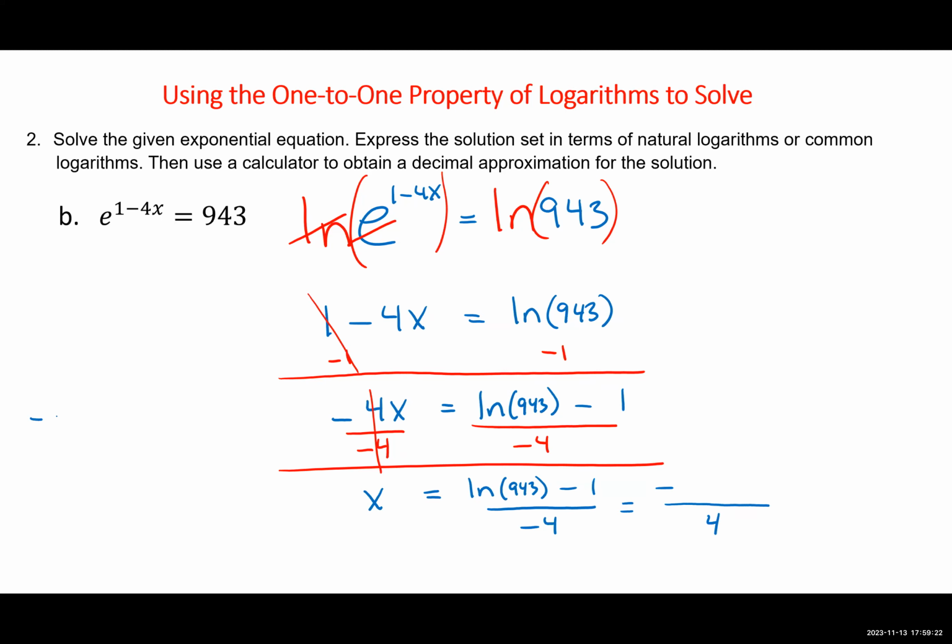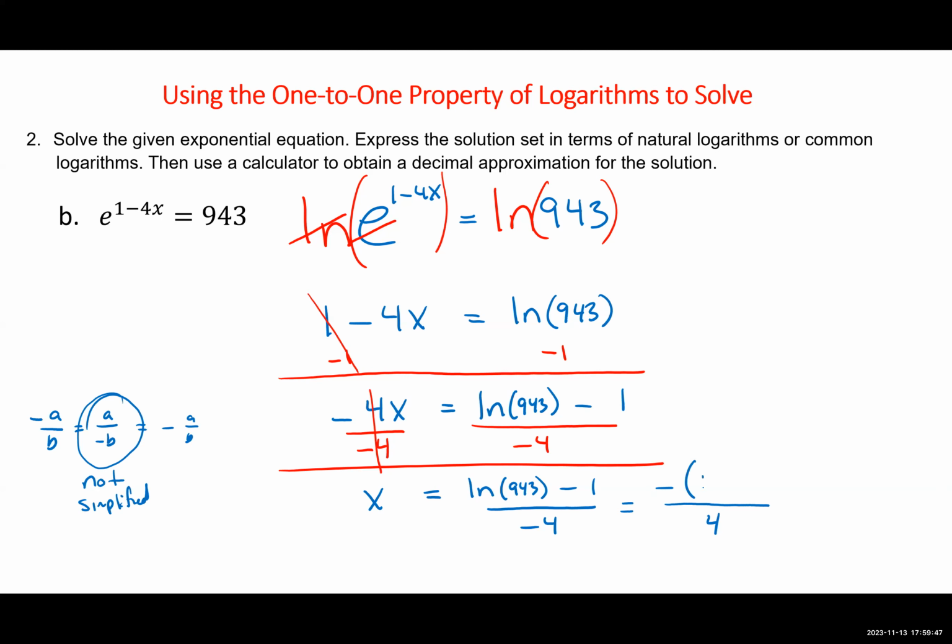You could say negative a over b is the same as a over negative b, which is the same as negative a over b. It depends on the context, but this one in the middle, negative on the bottom, is not simplified. So we put the negative sign on top.